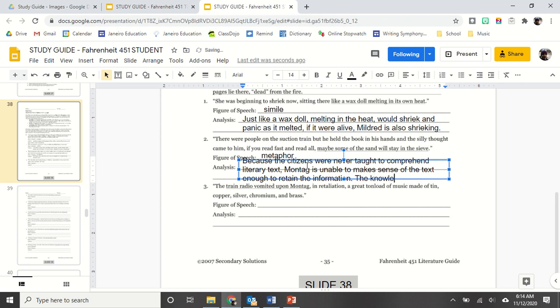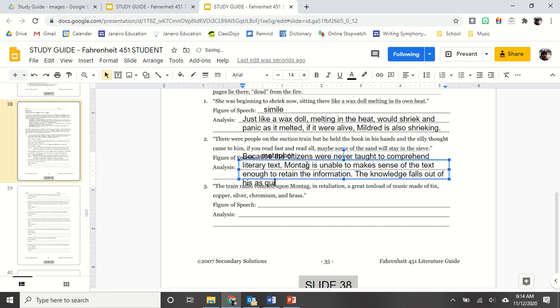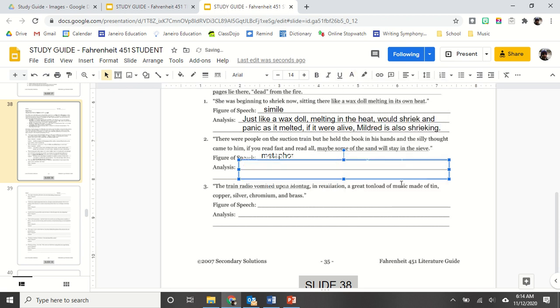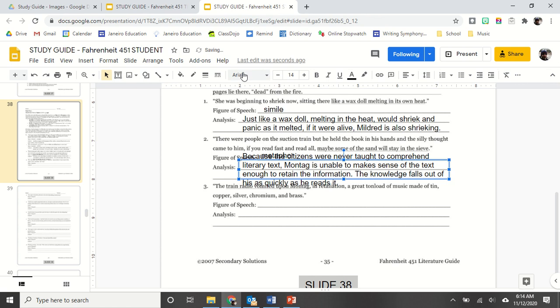The knowledge falls out of his head as quickly as he reads it. Let me adjust my text box here just a little bit to get all of that information in here.